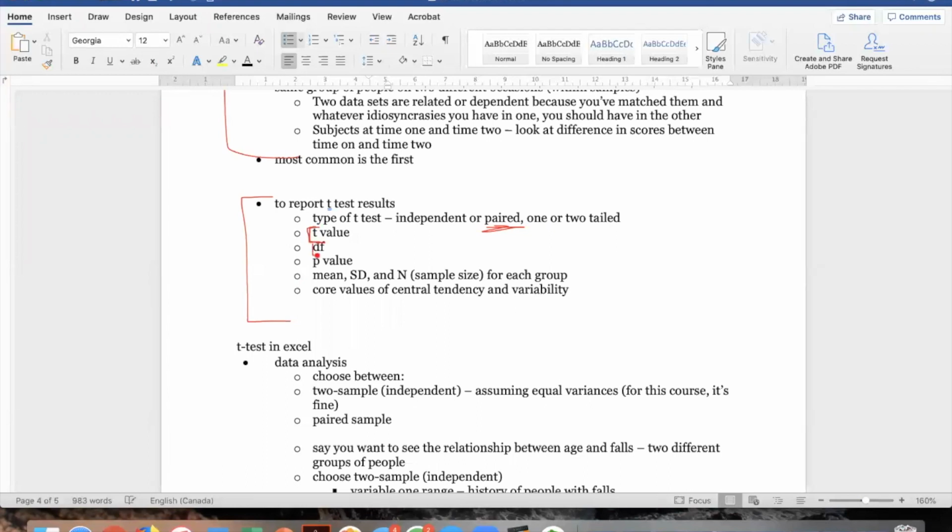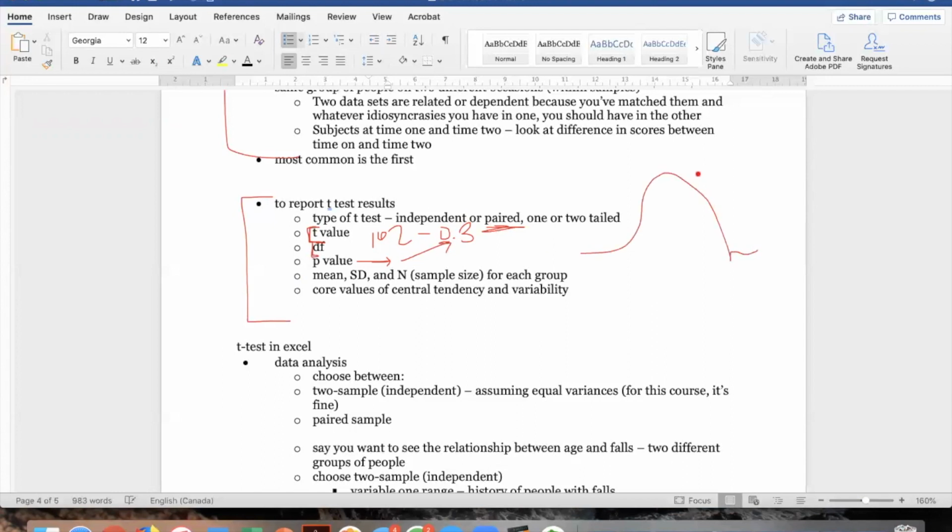The degrees of freedom, and where on the distribution curve that t-value sits will be described by your p-value, right? If I say to you the t-value was 162 at a p-value of 0.3, you know where it's sitting on this curve.